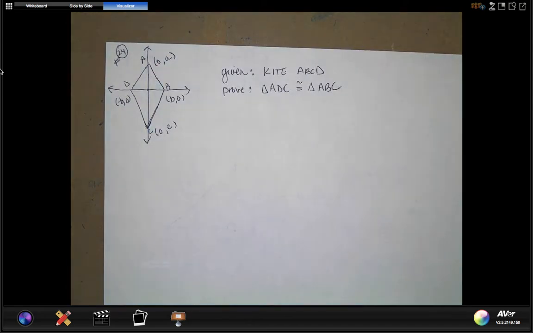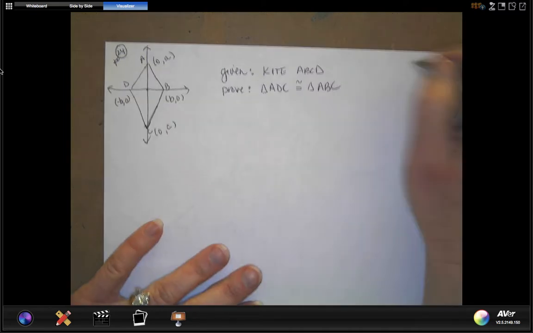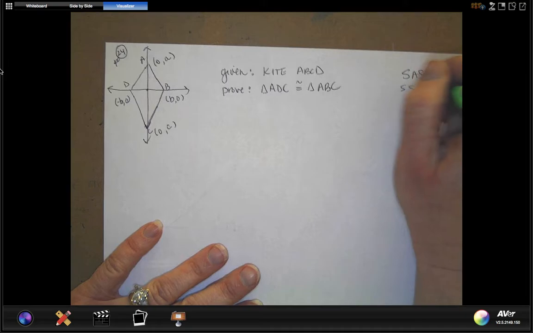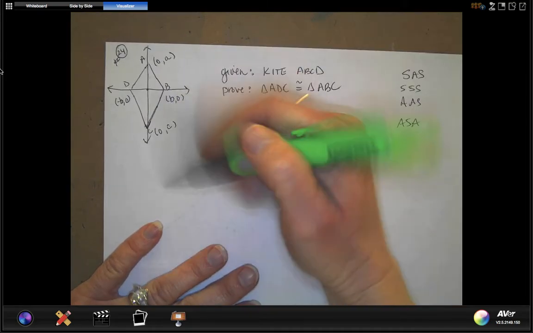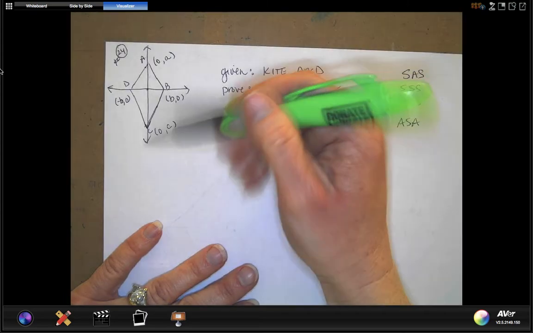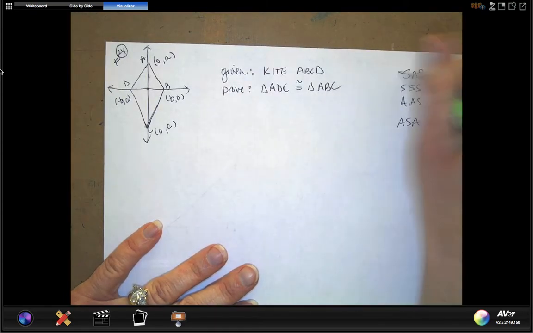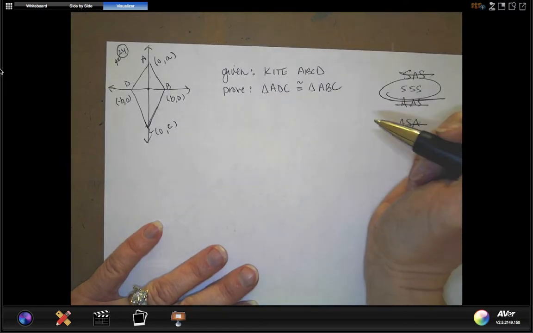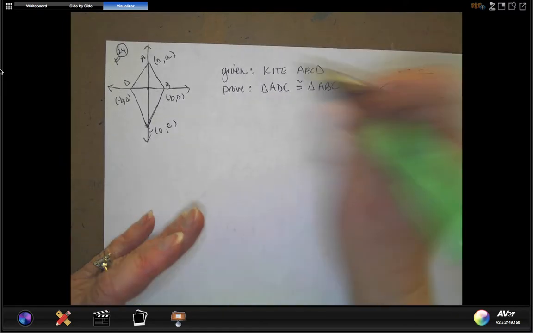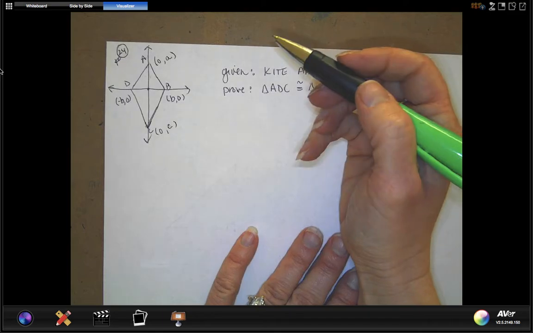To prove triangles congruent, we could do side-angle-side, side-side-side, angle-angle-side, or angle-side-angle. But you're not going to be able to figure out the measures of any of these angles. So the only one you can do in a coordinate proof is side-side-side. We need to show that all the sides are congruent.